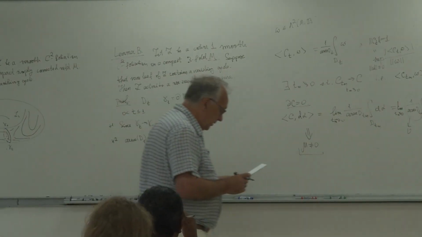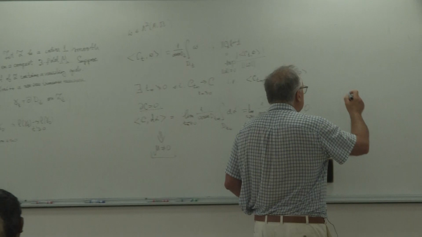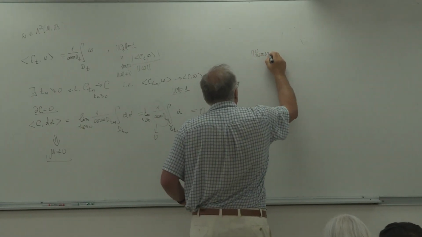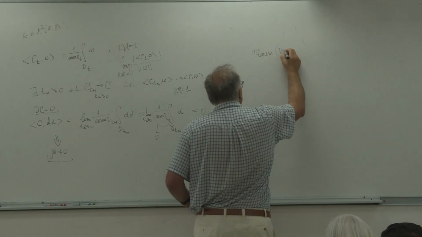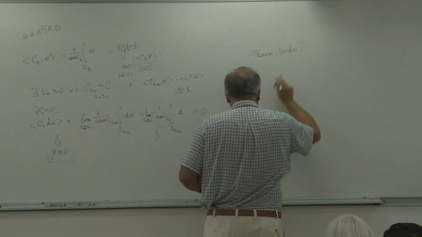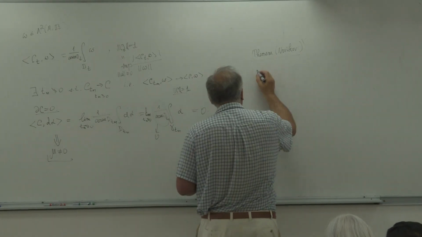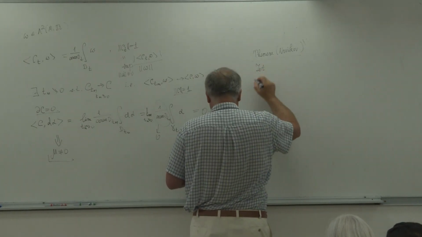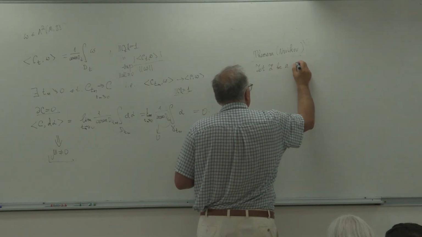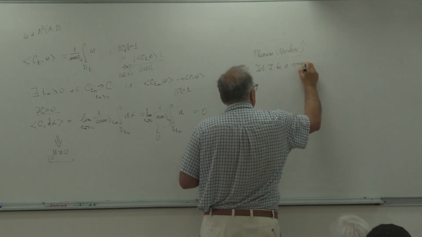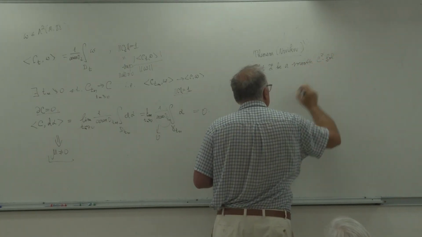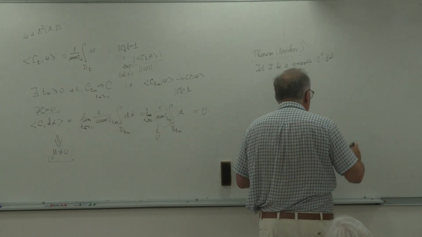Well, now we are prepared to prove the theorem of Novikov, which says the following: let L be a smooth C2 foliation of codimension 1.